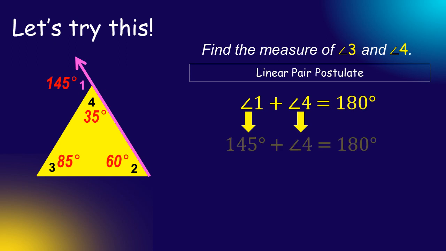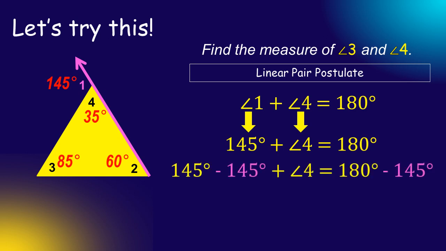Ang may measure lang dito is angle 1, which is 145 degrees. And that will be 145 degrees plus angle 4 equals 180 degrees. Use APE again. 145 degrees minus 145 degrees plus angle 4 equals 180 degrees minus 145 degrees.